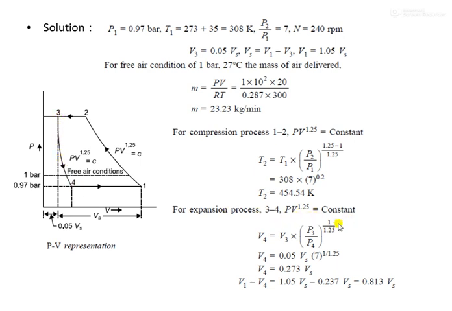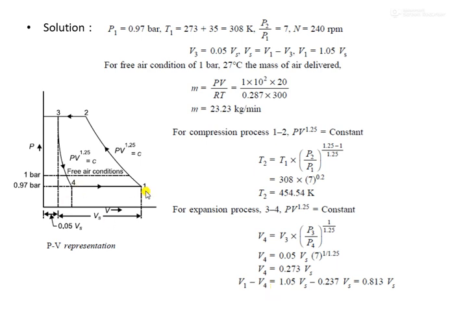Similarly for the expansion process, the similar relation applies. Now in terms of volume, we can find V4 by V3 equal to (P3 by P4) raised to 1 by n, and we can find V4, the volume at the end of the expansion of the clearance volume. V4 comes out to be 0.273 of the swept volume, right?